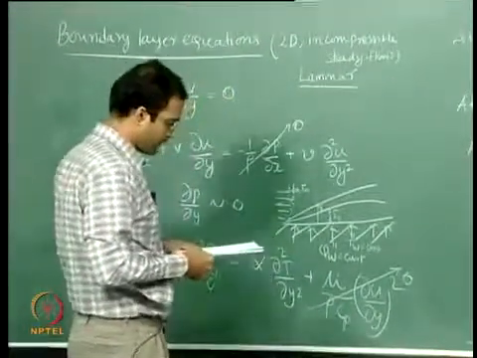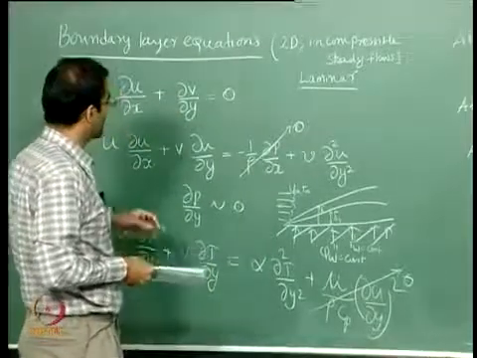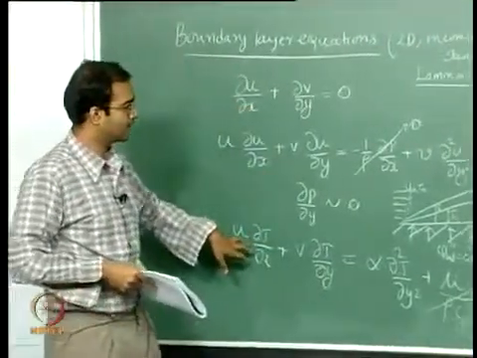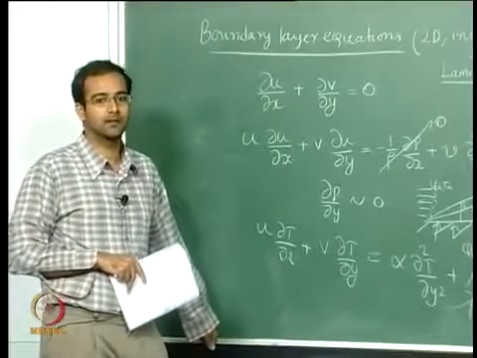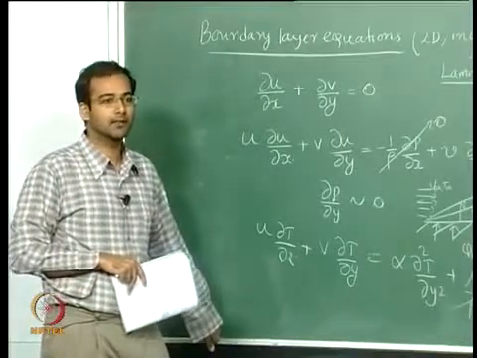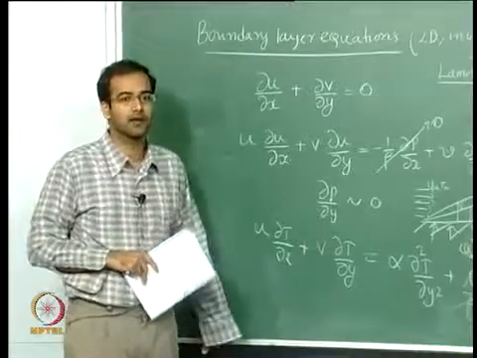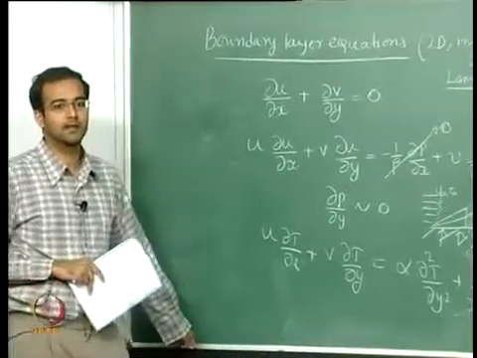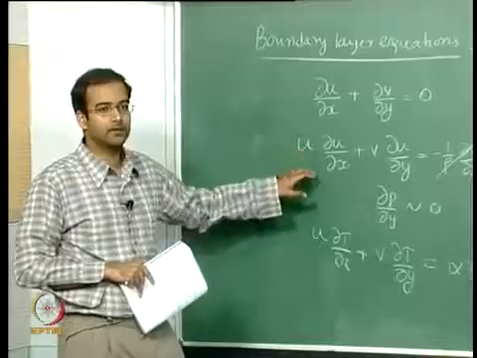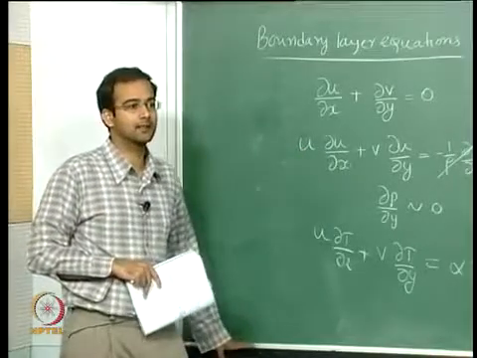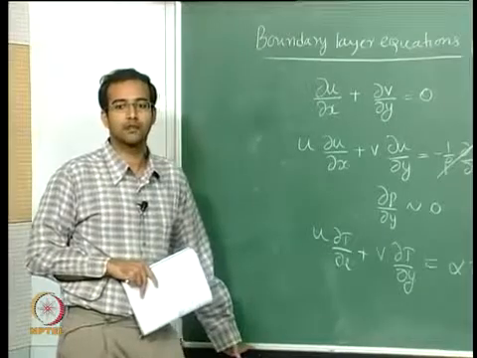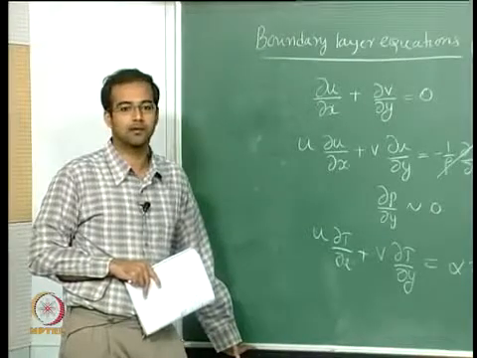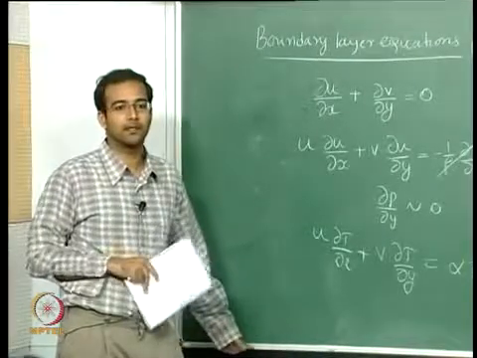In 1904 he said that the boundary layer equations for a flat plate can be transformed into an ordinary differential equation. In those days they did not have sophisticated computers, and numerical methods were not that popular. There was no computer at that time.